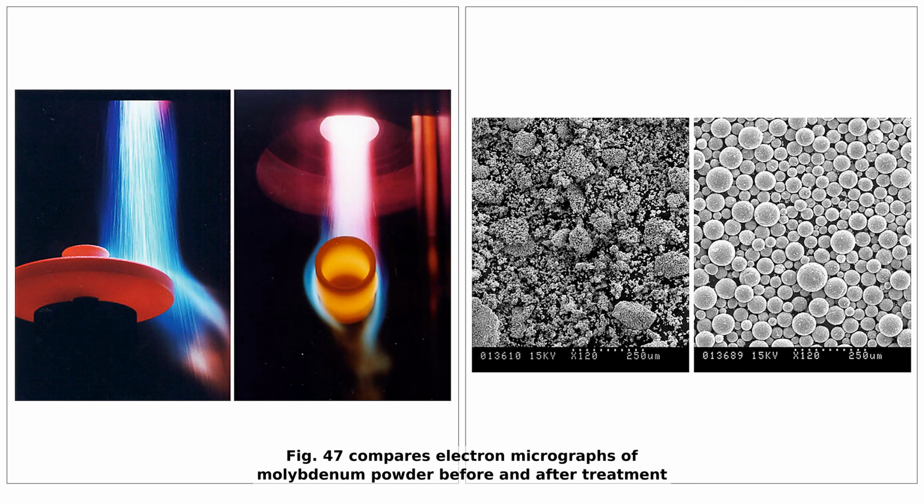Figure 47 compares electron micrographs of molybdenum powder before and after treatment in an Ar/H2 induction plasma and points out improved sphericity and density. The practical meaning is that induction plasma can reshape particle morphology and improve packing behavior, which directly affects downstream manufacturing performance.